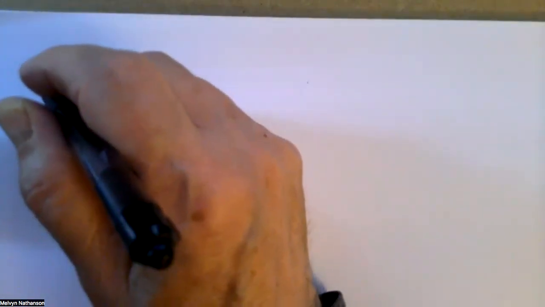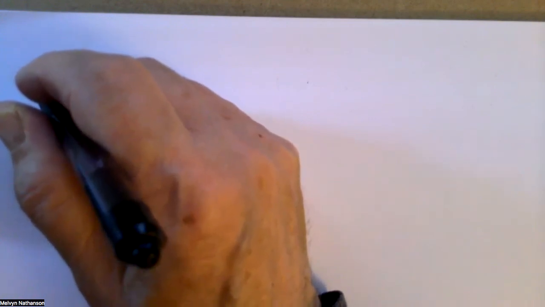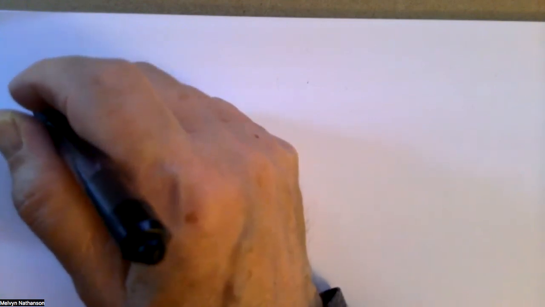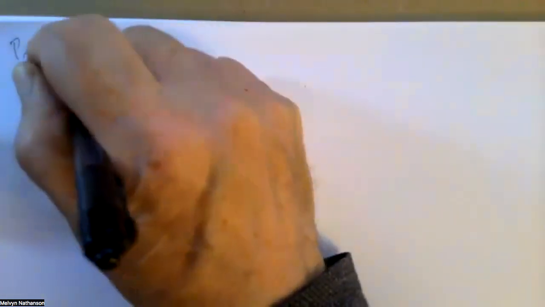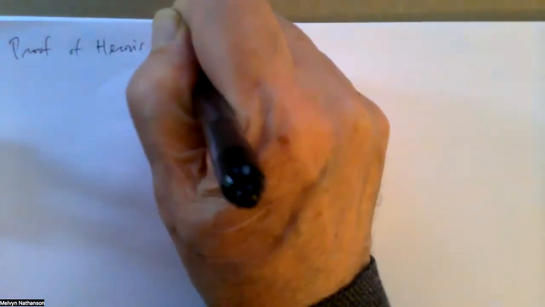Okay. So let's see whether I can prove Heron's formula. So we have a triangle ABC, and so, proof of Heron's formula.